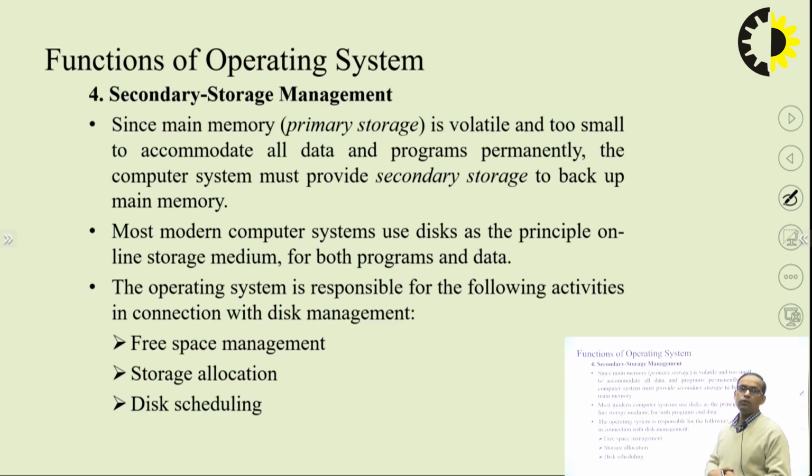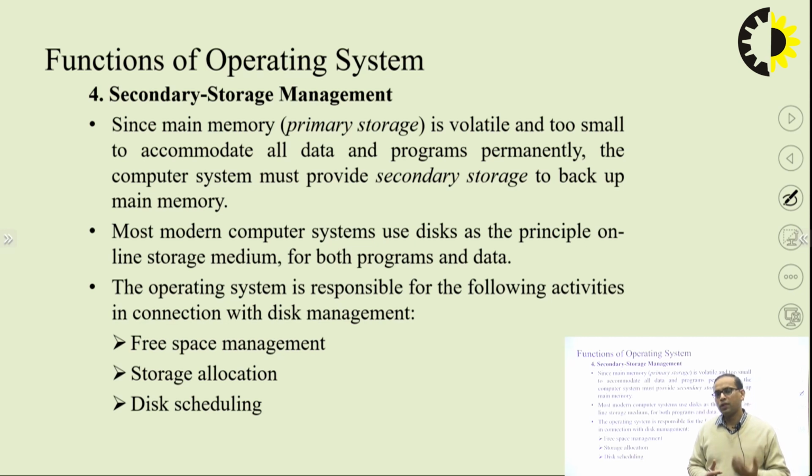The fourth function of the operating system is secondary storage management. Secondary storage means hard disk. In our computer system there are two types of storage units: primary storage and secondary storage. RAM is basically used to load the program, and once the program is loaded into RAM, also known as main memory, the CPU can fetch the program from main memory and start it.